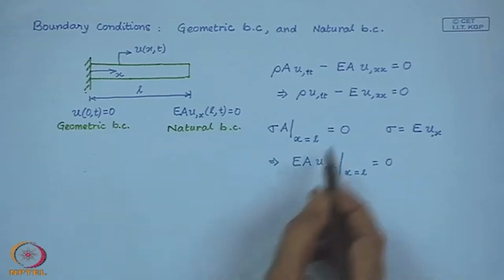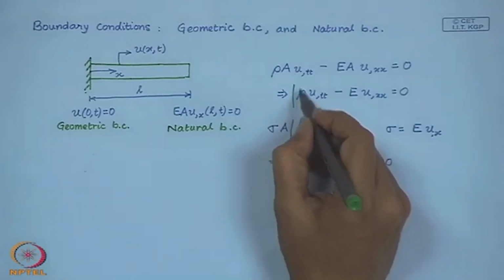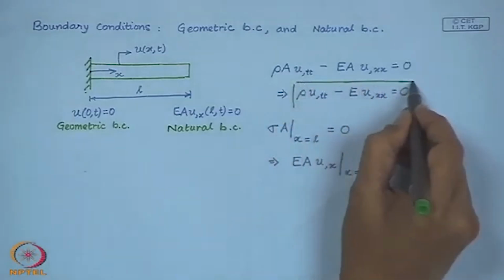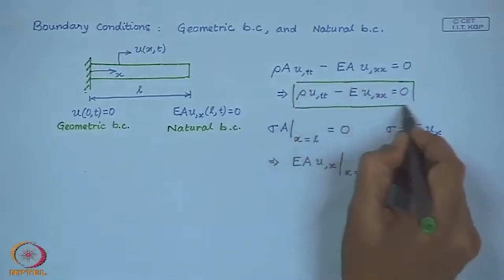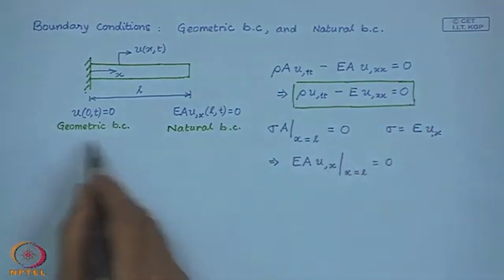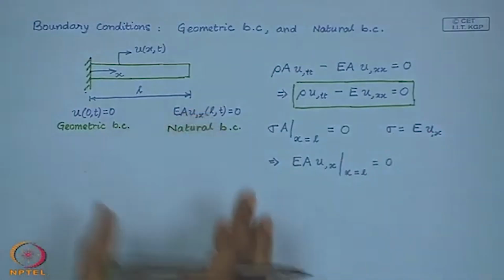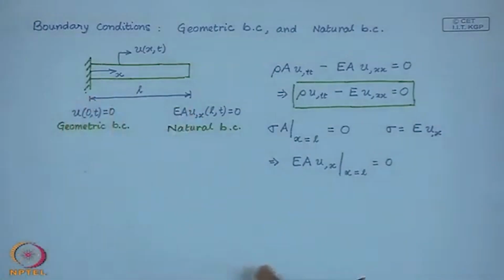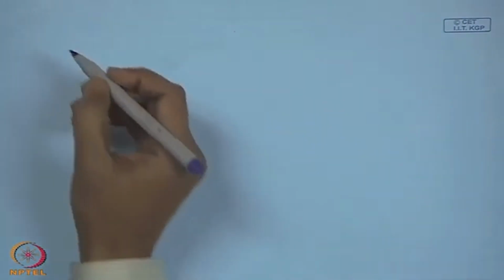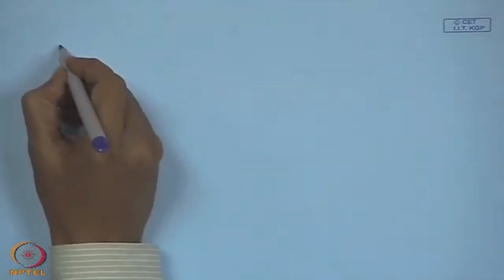So, we finally have the equation of motion of a uniform bar and the boundary conditions, which completes the description of this fixed free bar in axial vibrations. Next, we look at another example.